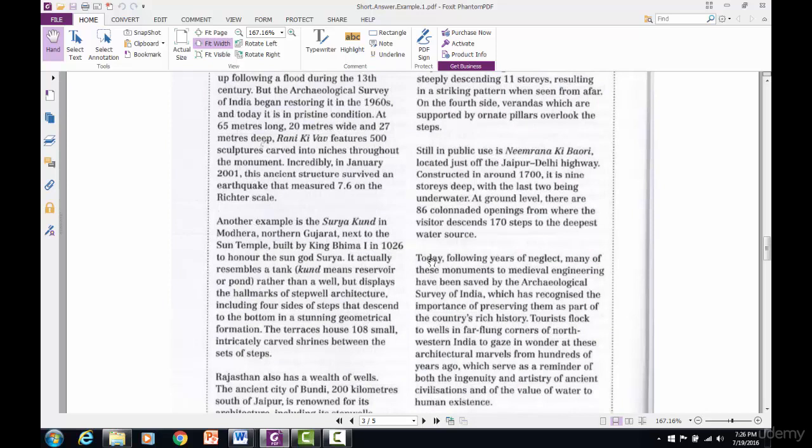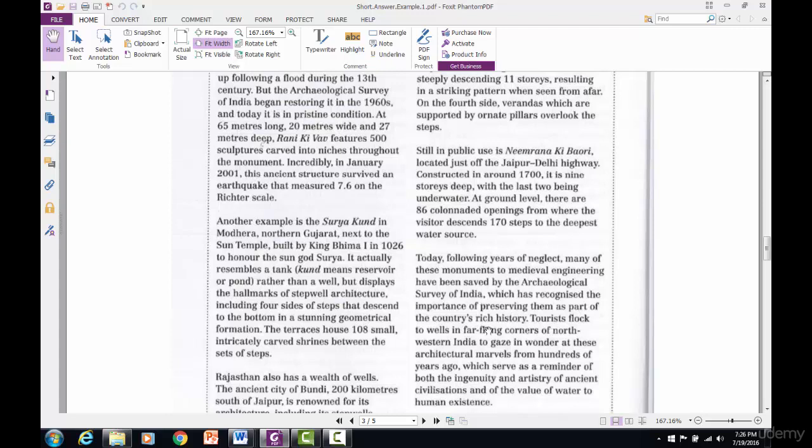Today, following years of neglect, many of these monuments to medieval engineering have been saved by the Archaeological Survey of India, which has recognized the importance of preserving them as part of the country's rich history. Tourists flock to step wells in far-flung corners of northern India. There's our answer, tourists. Who comes nowadays? There's our word today, tourists.